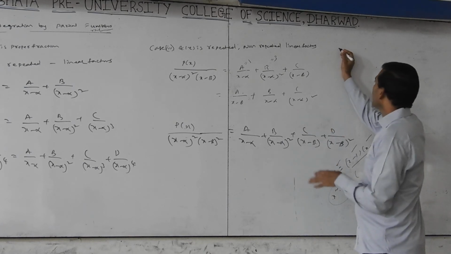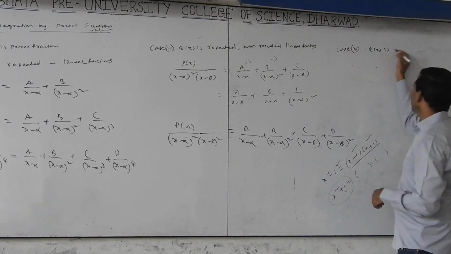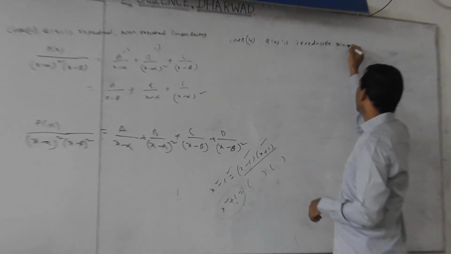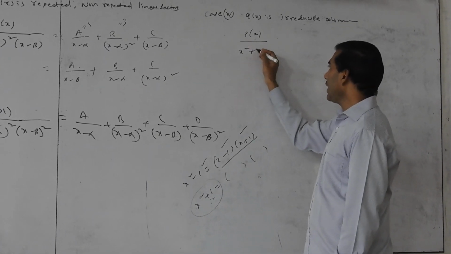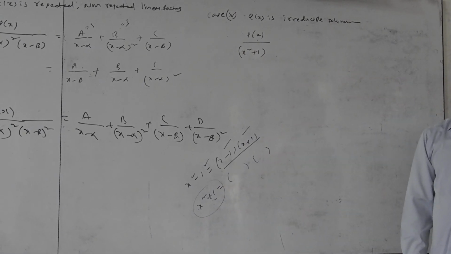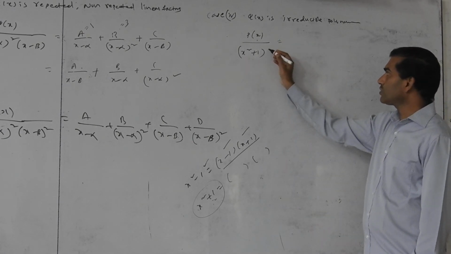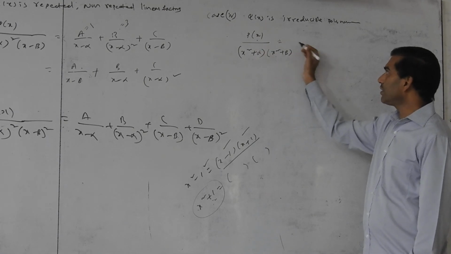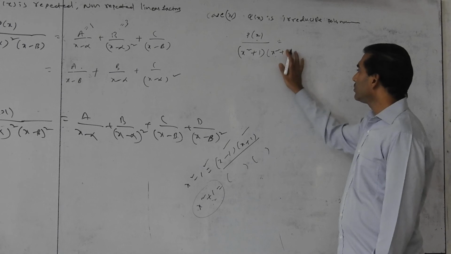Case 4. Q of x is an irreducible polynomial. Example, p of x by x square plus 1. Here x square plus 1 is an irreducible polynomial. The way of splitting: x square plus alpha and one more x square plus beta, both are irreducible polynomials. Or you can take here 1 and here 2.